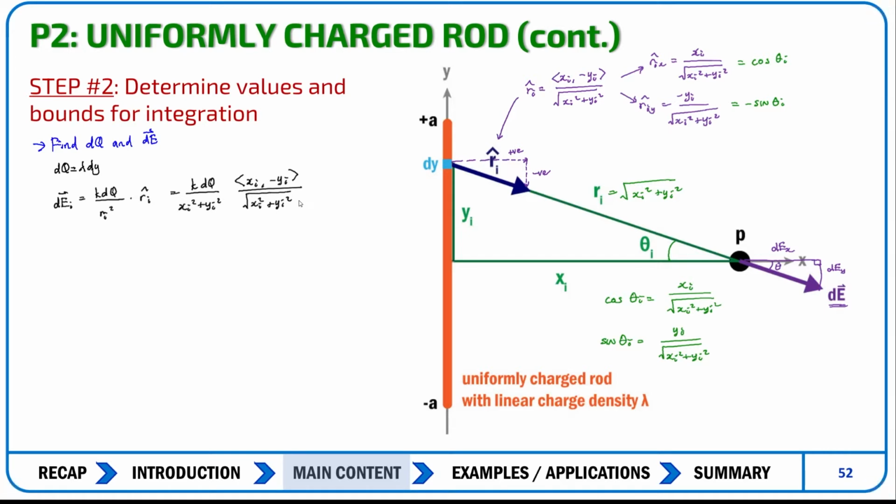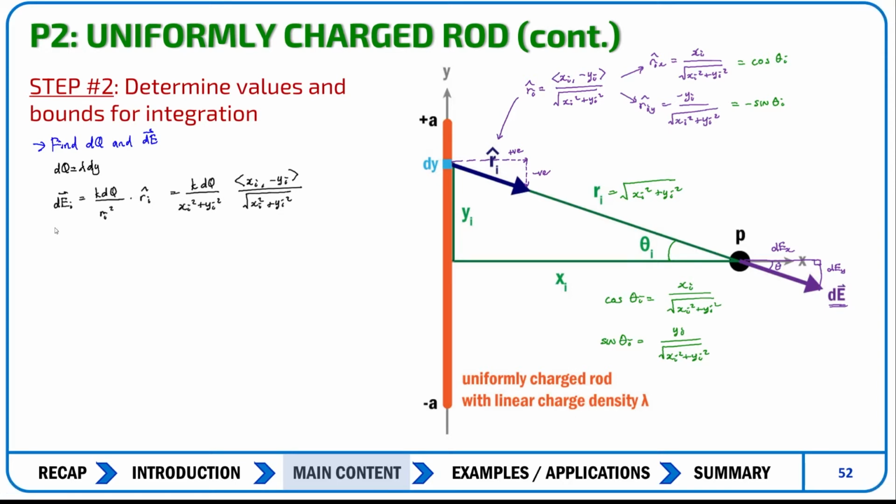Or it could give me the same thing, but we just replace this xi and negative yi by cos theta and negative sine theta.